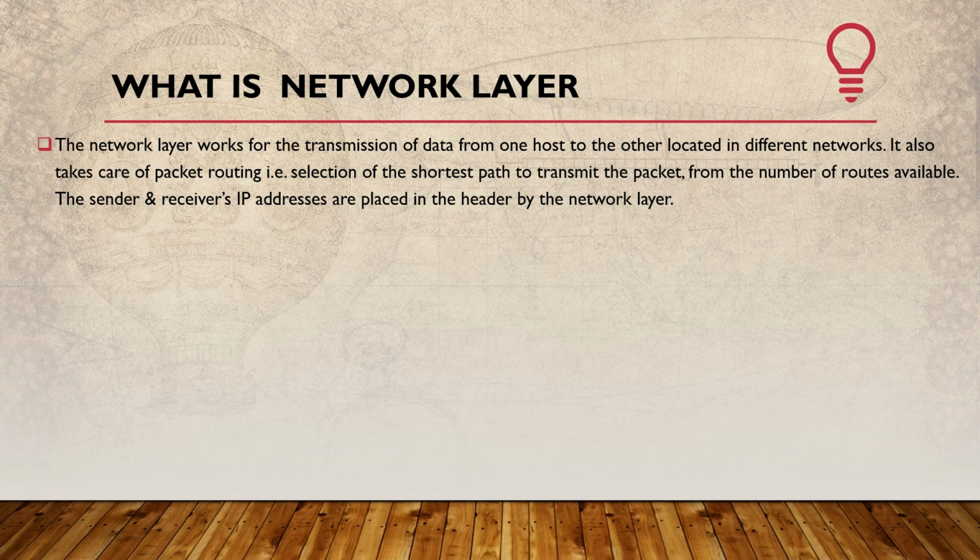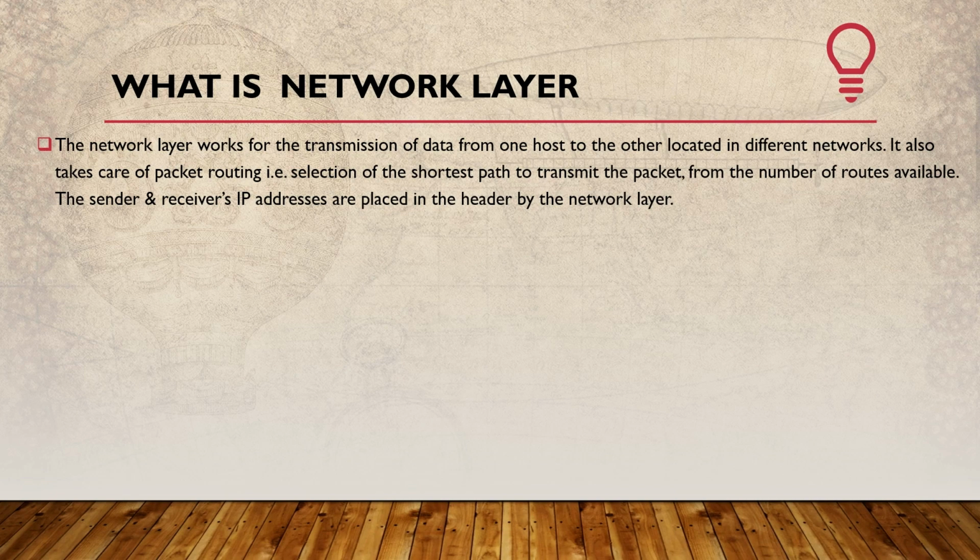Then it also takes care of packet routing. Packet routing means from source to destination, where to reach and how to reach. For example, from India, I want to travel to Paris. I have many ways. One, I can get a direct flight from India to Paris.